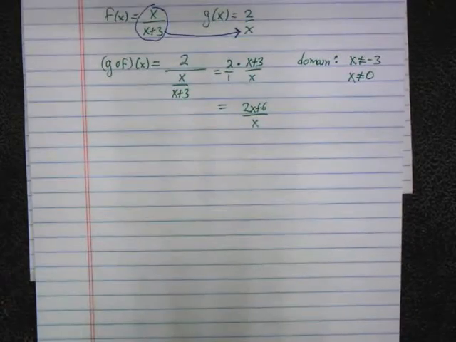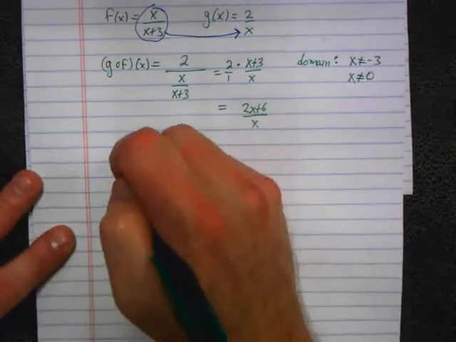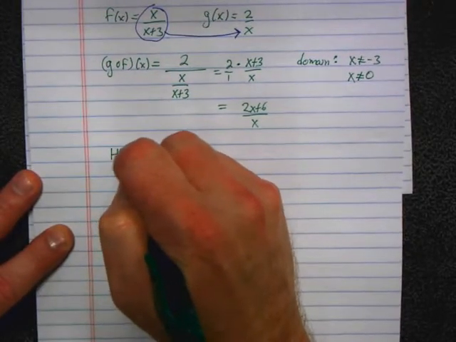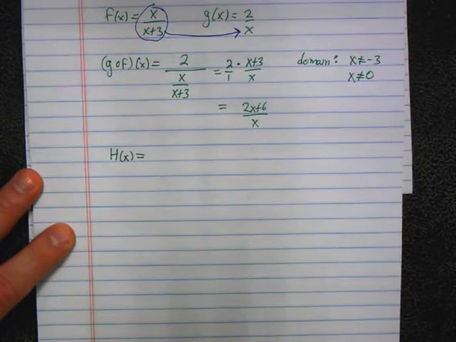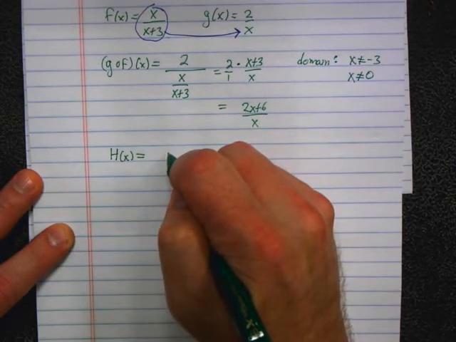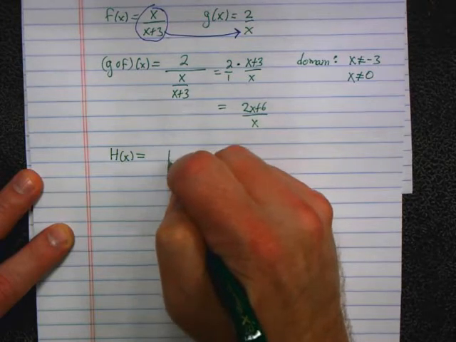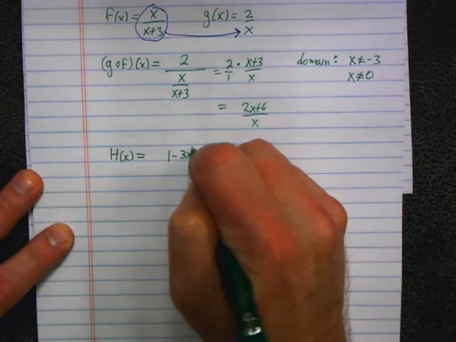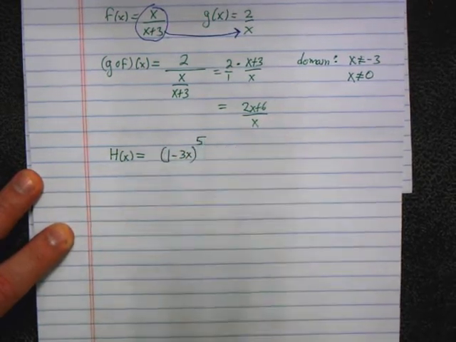All right, the last thing that shows up in this section. I'm going to give you h of x is some function, let's call it 1 minus 3x to the fifth.